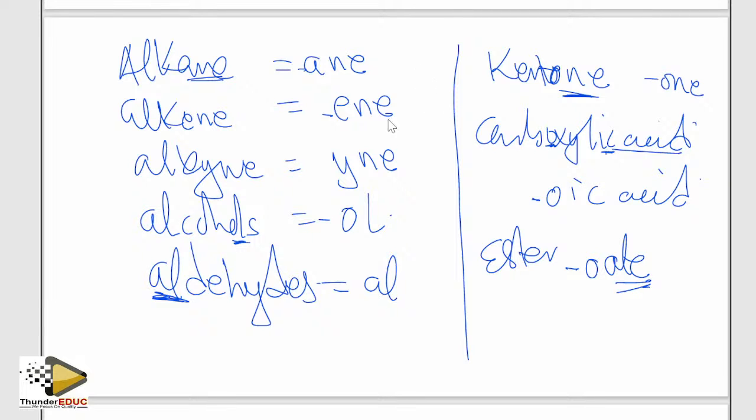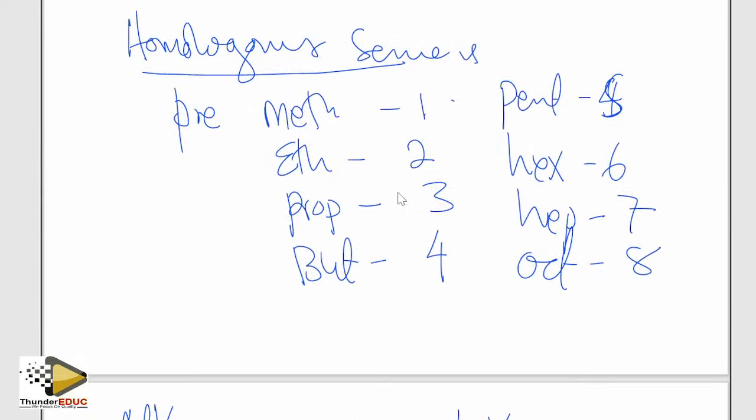So now that you know the suffix, you know the prefix, which means, I repeat, meth means 1, eth means 2, prop means 3, but means 4, pent means 5, hex means 6, hept means 7, and oct means 8, the same way as pentagon, hexagon, heptagon, octagon. That's where we get it from.